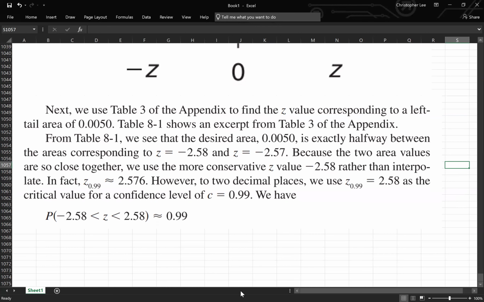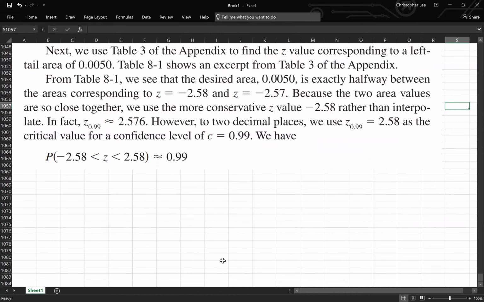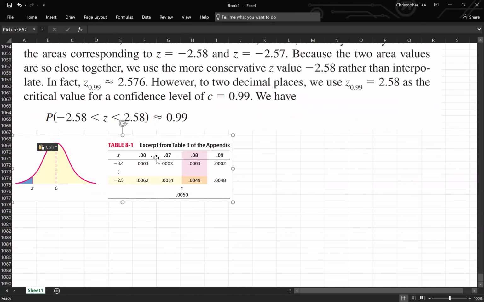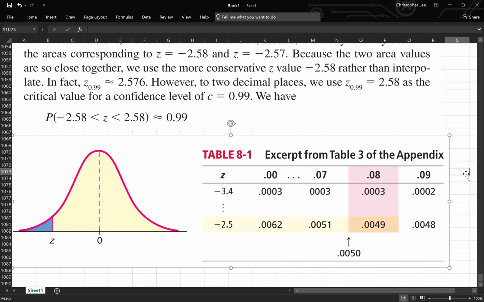All right, let me just show you guys the table real quick and what they're saying. This is if you don't have the calculator. So you guys remember the normal distribution table? That's what I'm talking about right here. What you have to do in the middle of the table is find where that probability is. Ours is going to be 0.0050.